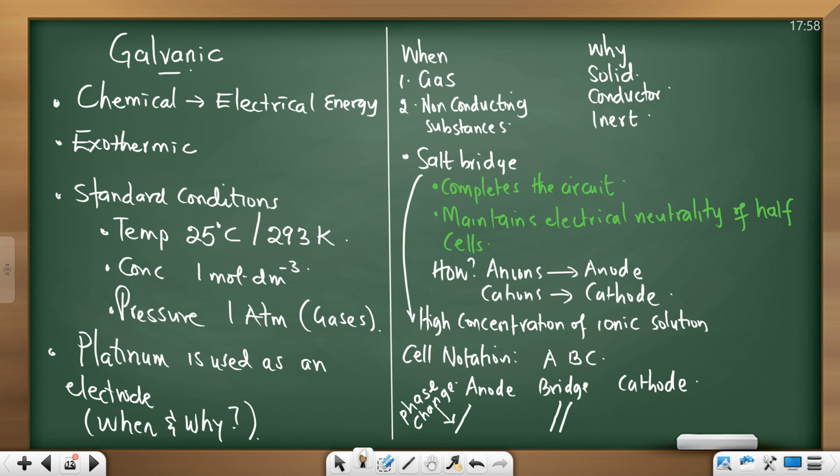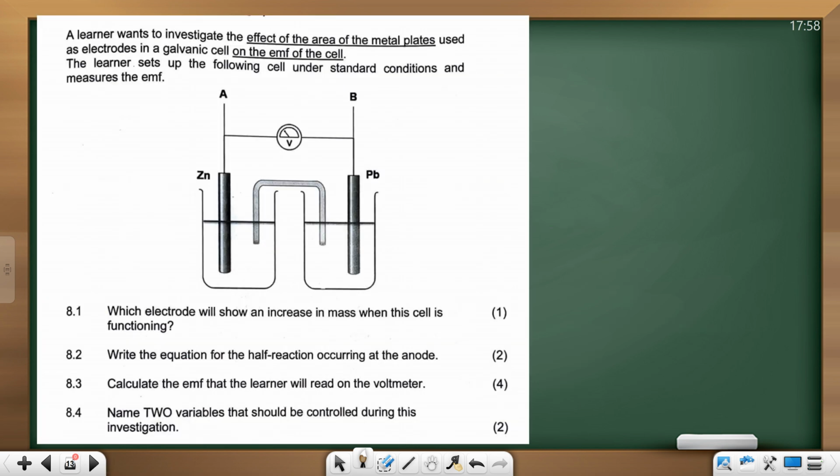I'm tired of talking. Can we answer? A learner wants to investigate the effect of the area of the metal plate used as electrodes in the galvanic cell on the EMF.